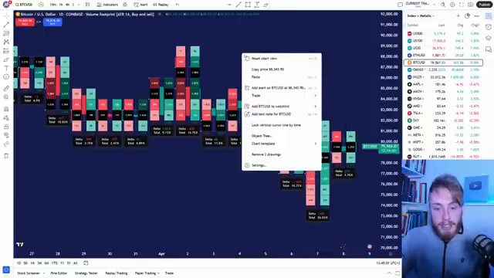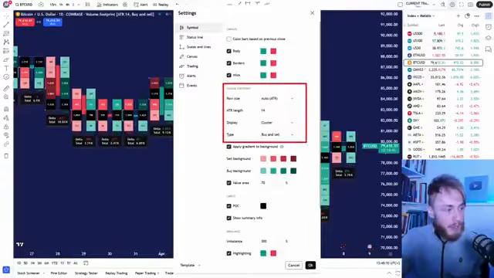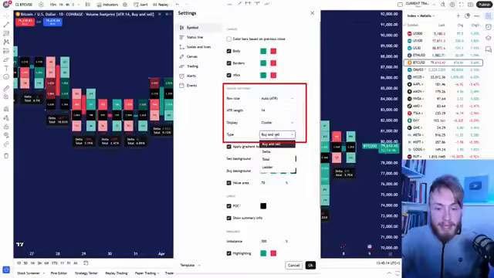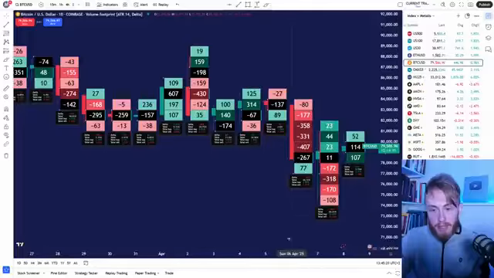So you right click right here, you go down to settings, and then as you can see right here, it says volume footprint. And what I like to do is change the type here from buy and sell and choose delta right here. So I choose delta and then I go down and press OK.